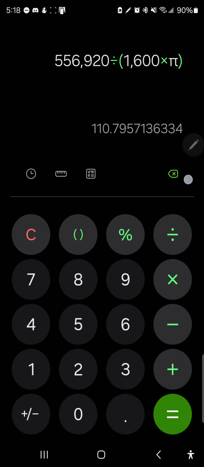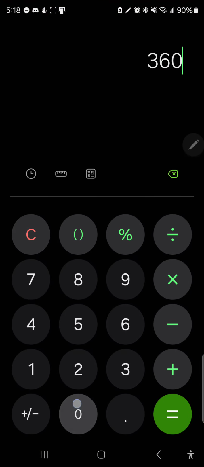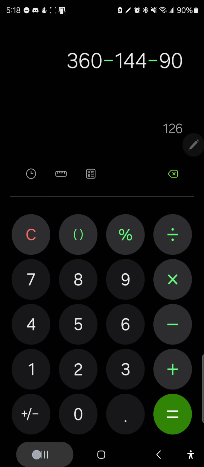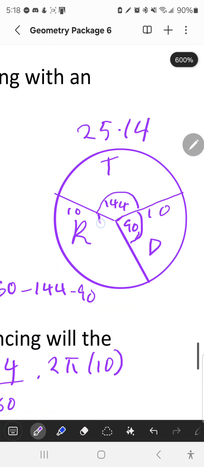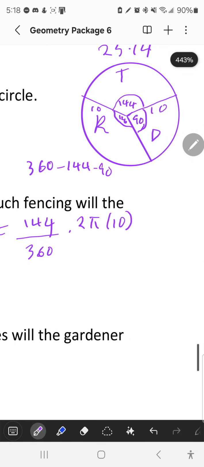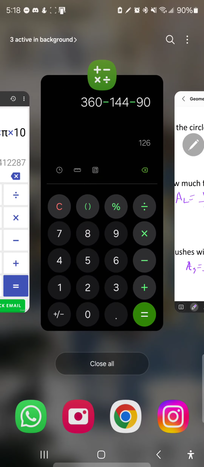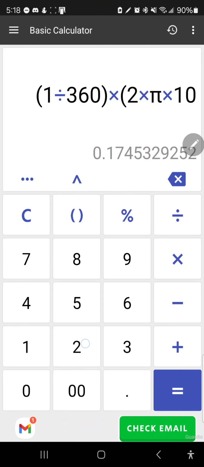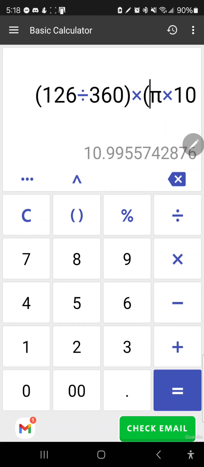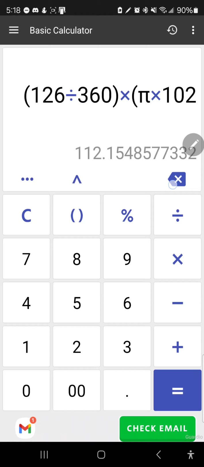In my calculator, 360 minus 144 minus 90 is 126. So my angle of sector 2 is 126.